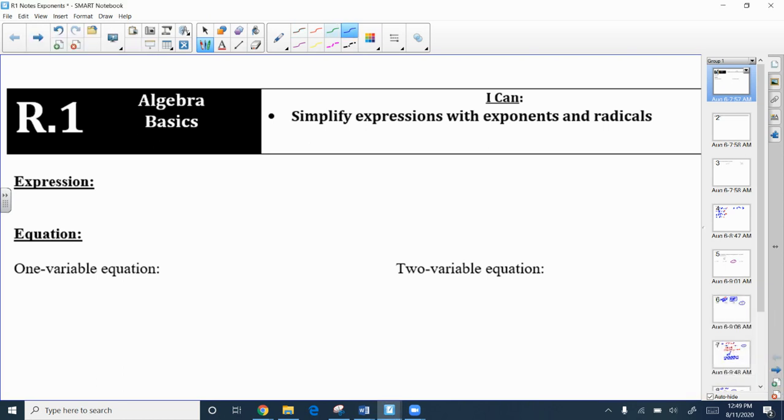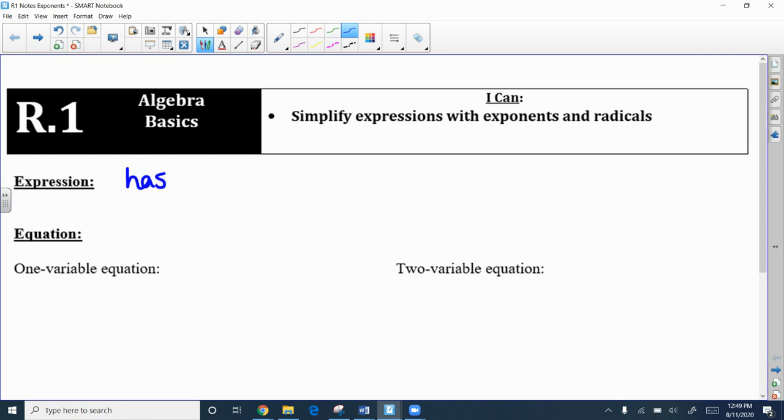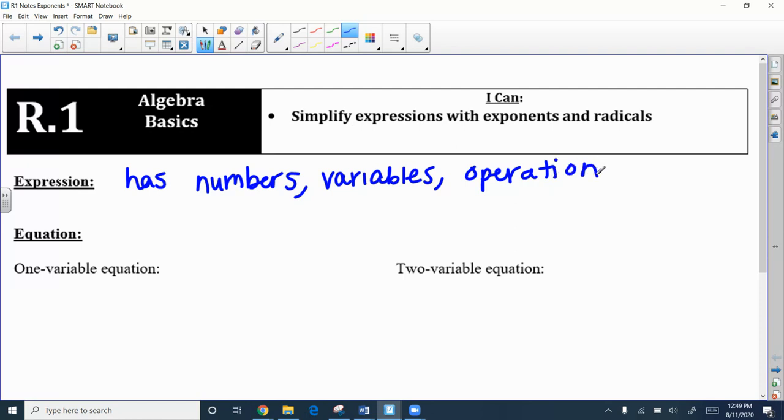So just a little bit of background. An expression has numbers, variables, and operations. So when we have an expression, we can simplify it or evaluate it if it's just numbers. So an expression has numbers, variables, and operations like adding, subtracting, or exponents or radicals.